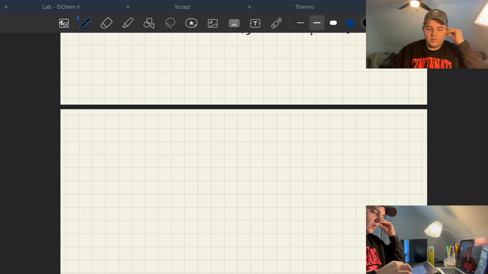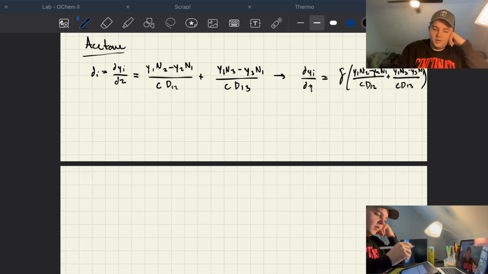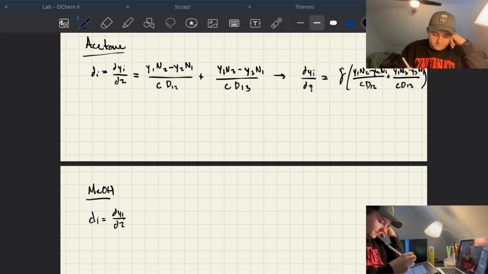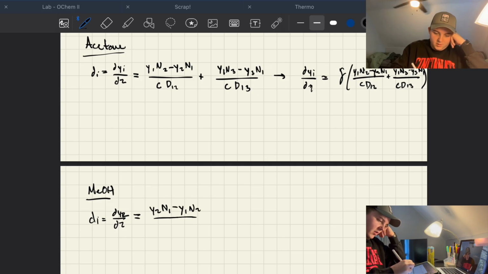And now all we need to do is our methanol. So we're going to do our methanol, which is going to be basically the exact same thing. Well, this will be 2. And then we're just going to start with Y2 and N1 instead of the other way around.